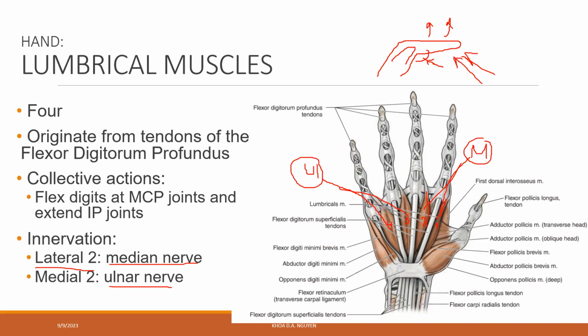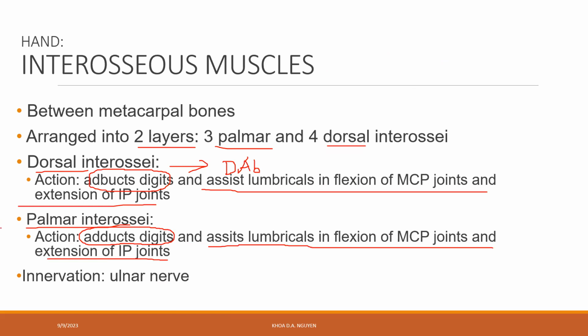So you see, a lot of muscles actually do this action, and that will come in very handy when we talk about a nerve damage that will be coming up. The innervation of all of these is the ulnar nerve. Keep this in mind, guys. It's very important. All the interosseous muscles are controlled by the ulnar nerve.